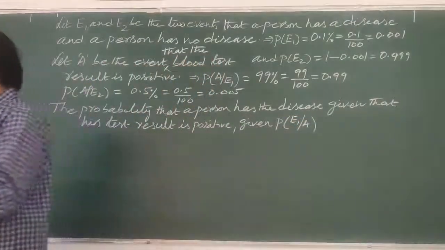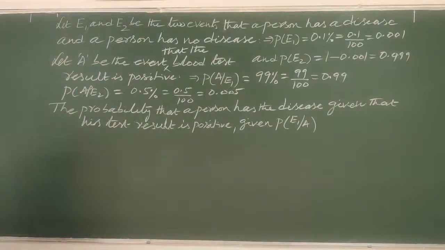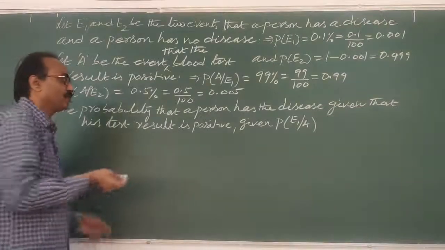So the test which is positive, we will write that only, E1 given A. If you write that, it is over now. So probability of E1 given A, you know how to write.